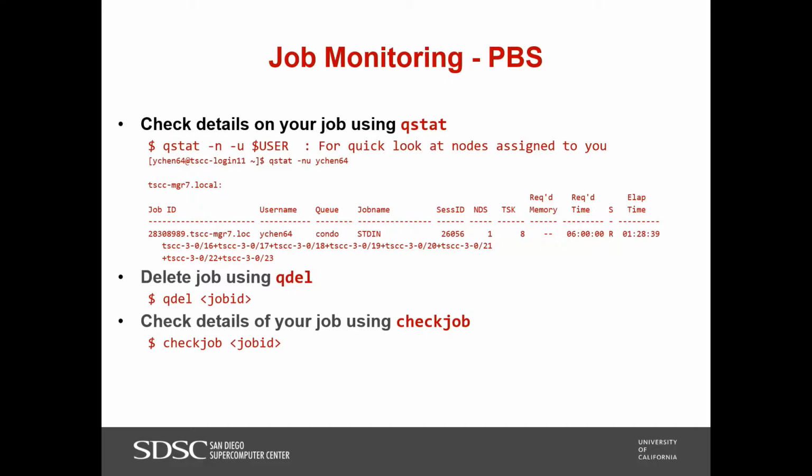You also see how many nodes and ppn you have specified, how long the job is, how much time it has been running, and at last the compute node that is running the job.